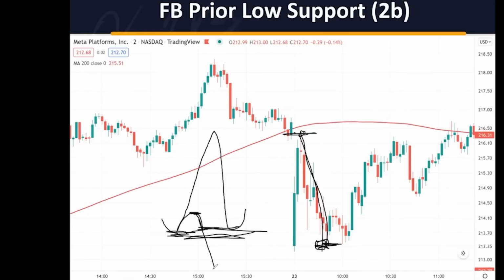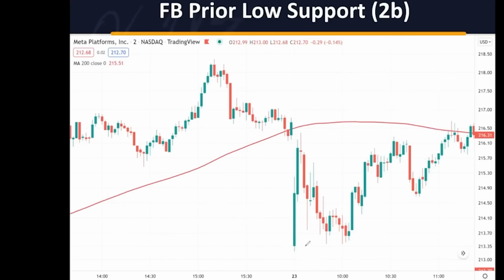This would have higher odds of breaking through. So the further you are traveling and the longer you are traveling before you get to one of these points, the better, the more powerful the point. So this was far from this point. It traveled far and long.